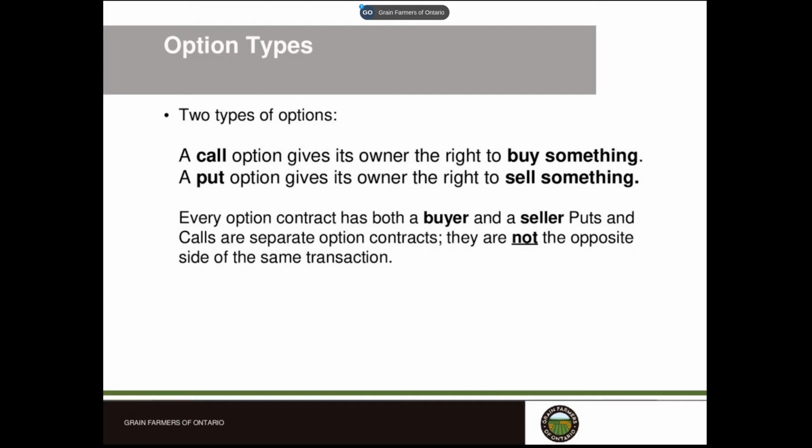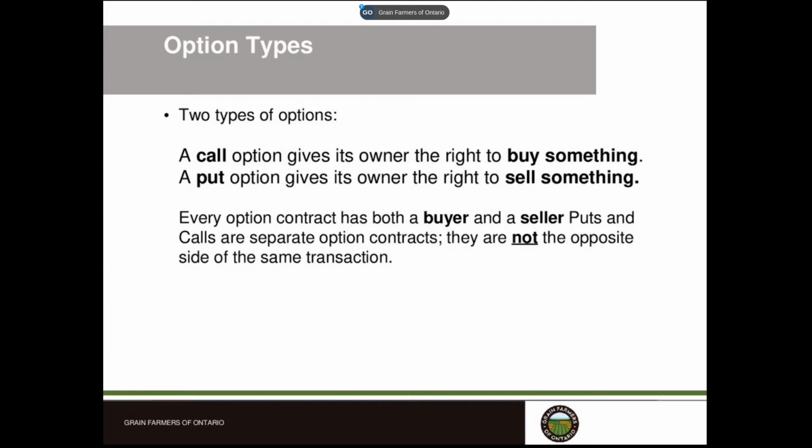The second type is a put. And a put gives the owner that purchases it the right to sell something. Now, why would you want to sell something? Well, maybe you're a farmer trading corn and corn got to $7 a bushel and you thought, wow, this is a great price.